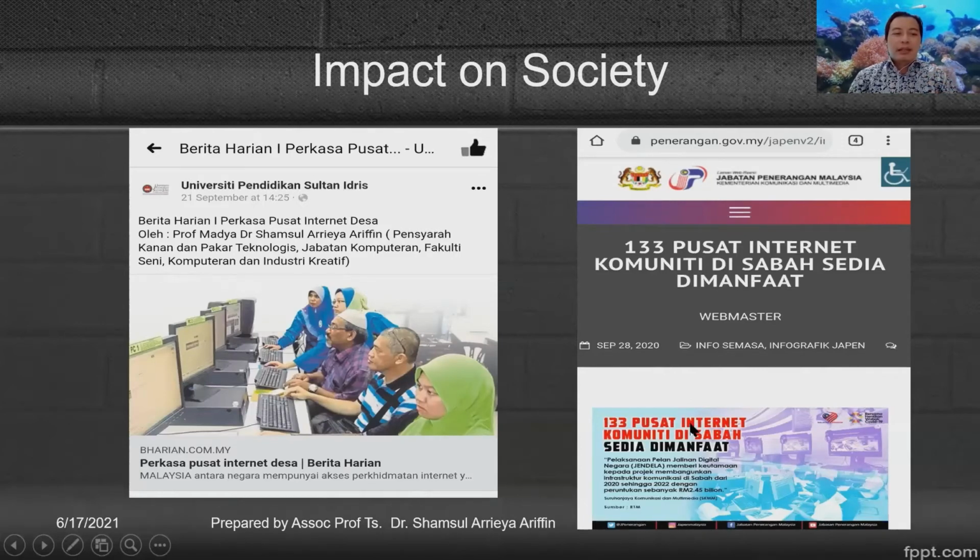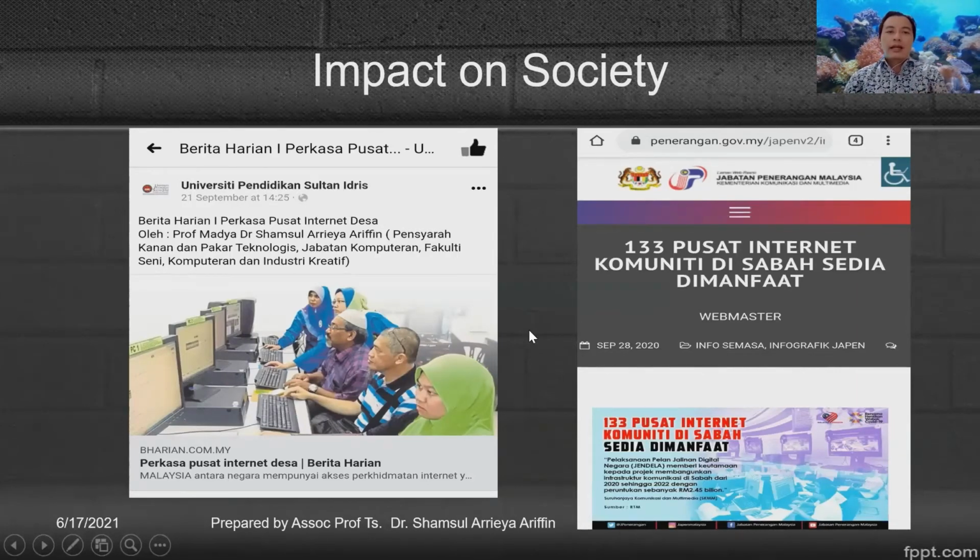So when I wrote, I said you need to empower the community internet at the rural areas, because they have this internet in rural areas, but it is not fully utilized. That is what my article was about. When I wrote this article on the 21st September, Alhamdulillah, I saw that they wrote that they want to upgrade this internet facility in Sabah.